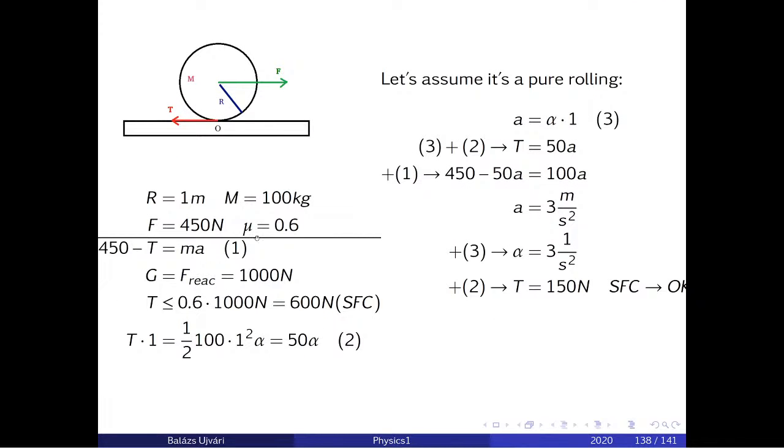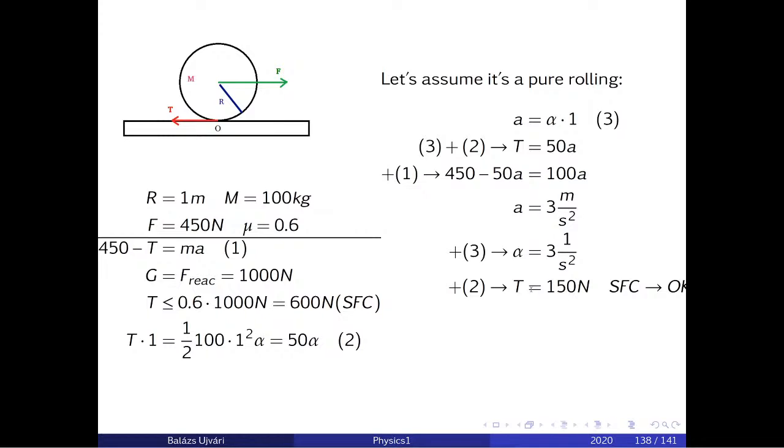With that, we can solve a few things, but for that you have to remember what we learned about static friction. So static friction is not a well-known force at the beginning of the example. We only know its maximum value, and if we solve the example and the static friction gives you a number which is less than this maximum value, then our assumption was okay.